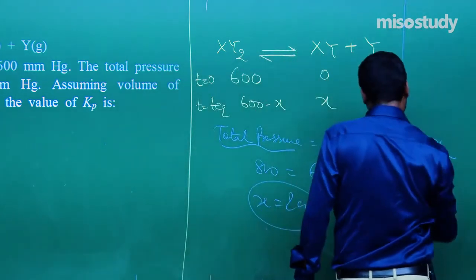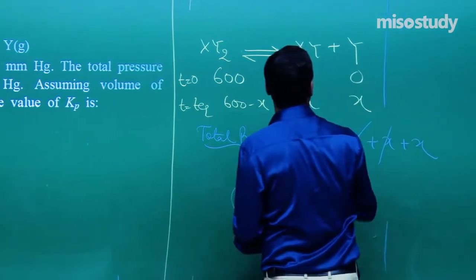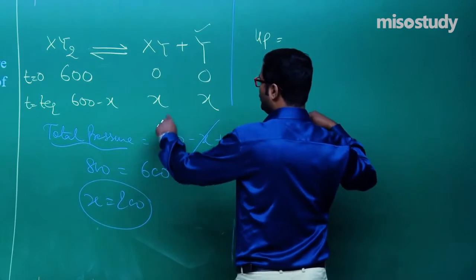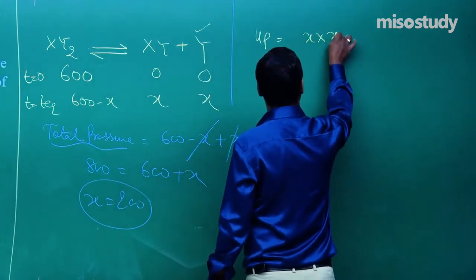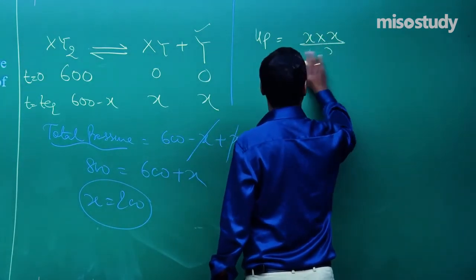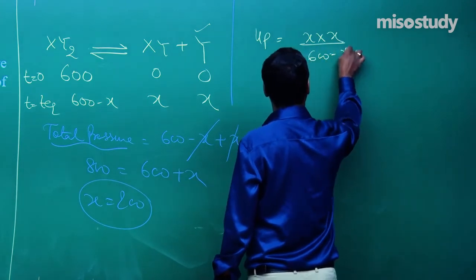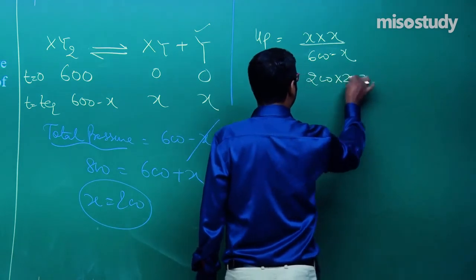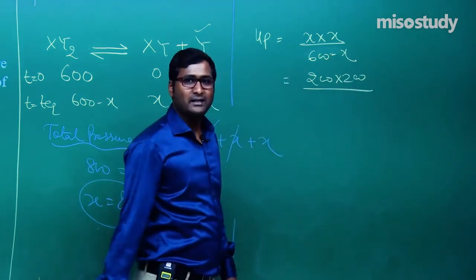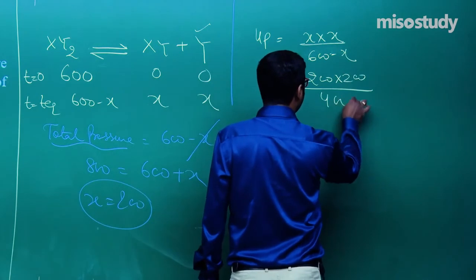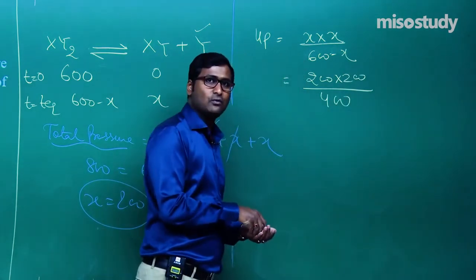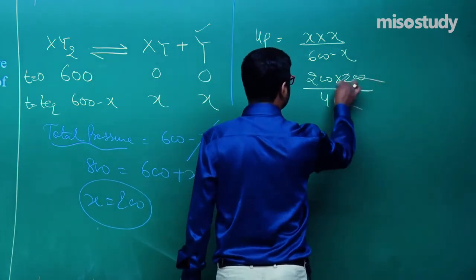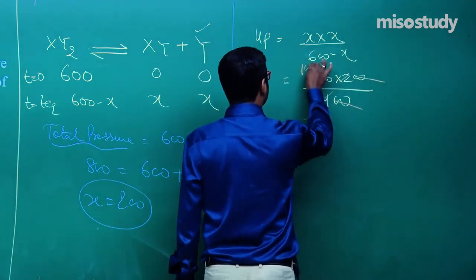Clear? Now write down the expression for Kp. Sir, Kp is equal to X into X upon 600 minus X. What is X here? 200 into 200 upon 600 minus 200, which is 400. Clear to you what I'm telling? 600 minus 200 is 400. Two 2s are 4 and this one is 100.